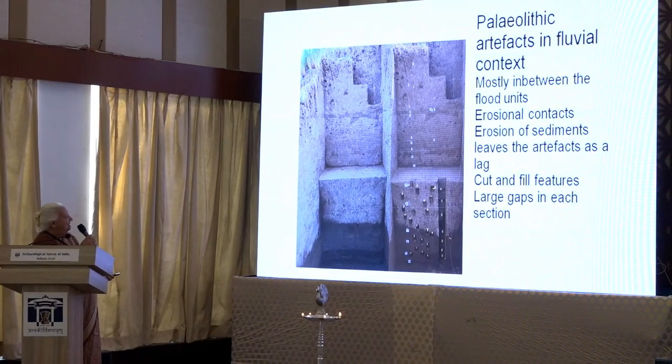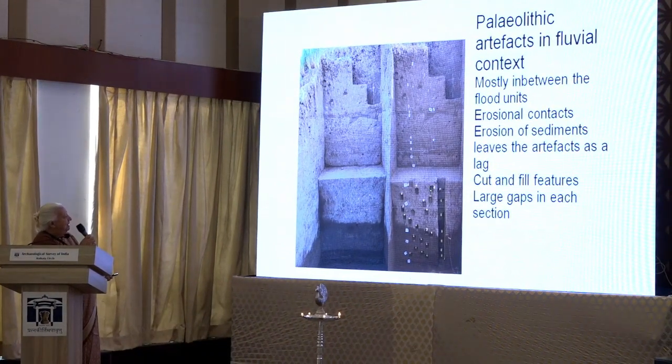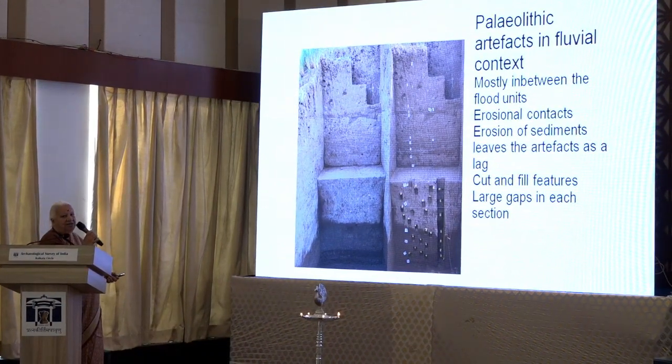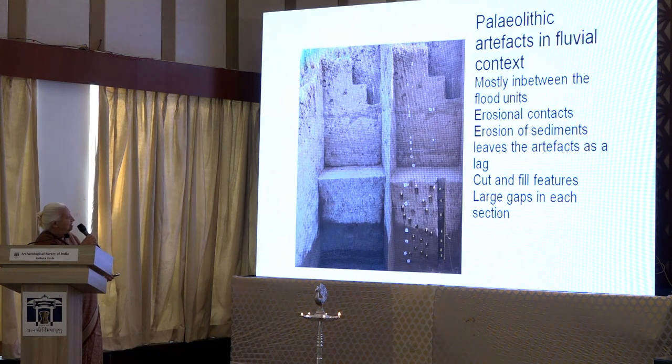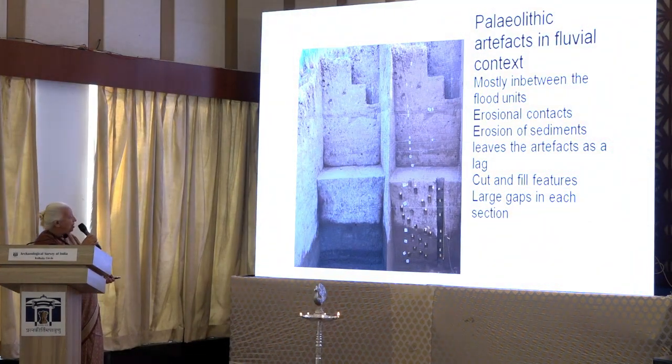And all these things are samples taken for micromorphology. So the actual structure of the soil can be studied under the microscope. You can look at not just how much carbonate, but how the carbonate looks in the section. We have not been able to do all of it, but I think if the site is going to be destroyed, this level of documentation is probably needed.